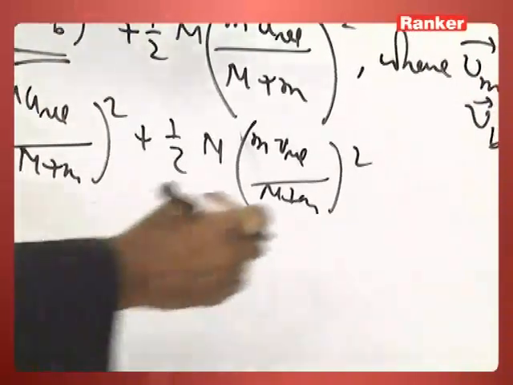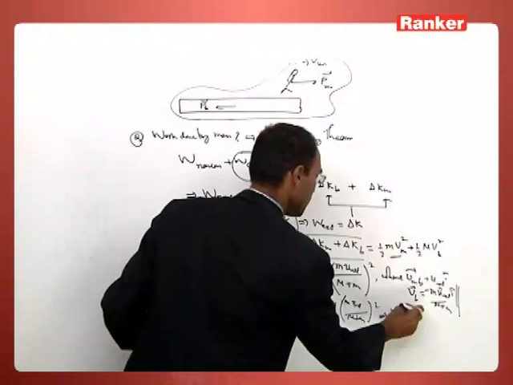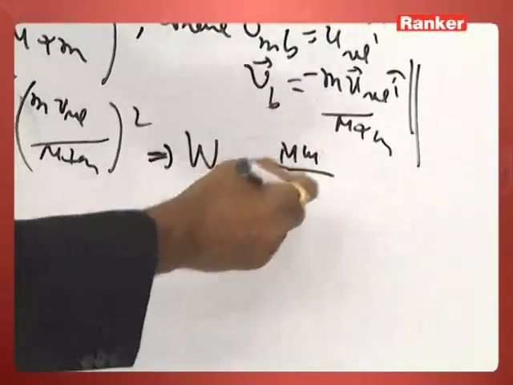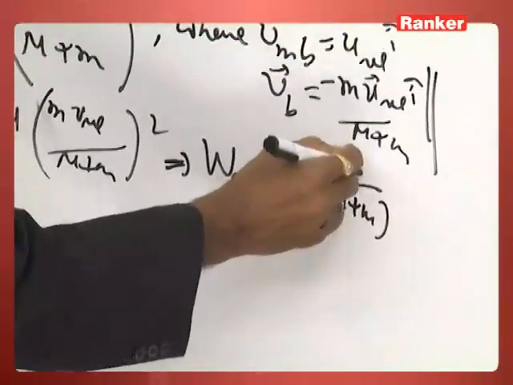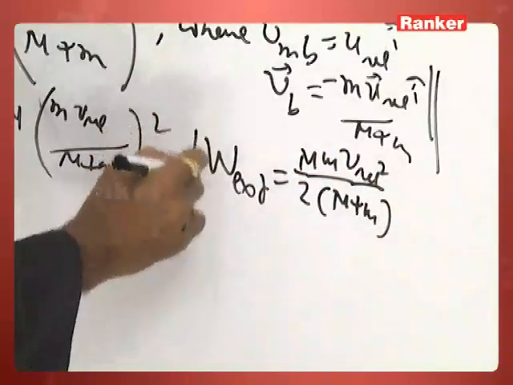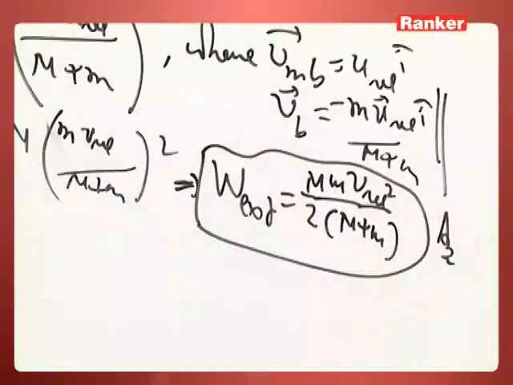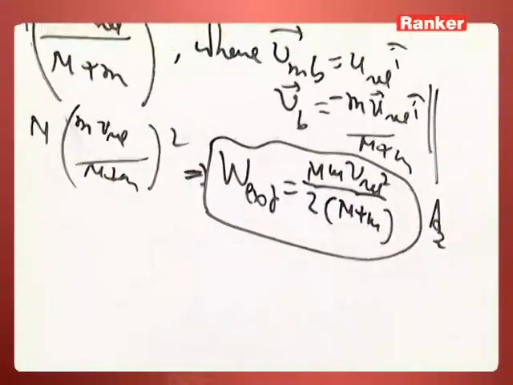Just after simplification, you get work done by the external agent is equal to half small m into capital M by small m plus capital M into u relative squared. Answer. This is the work done by you.